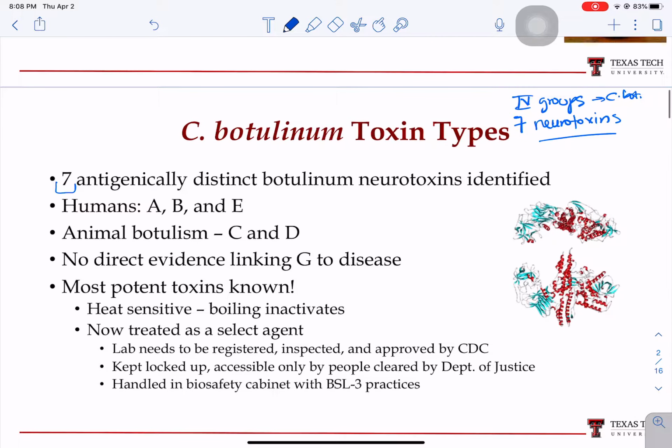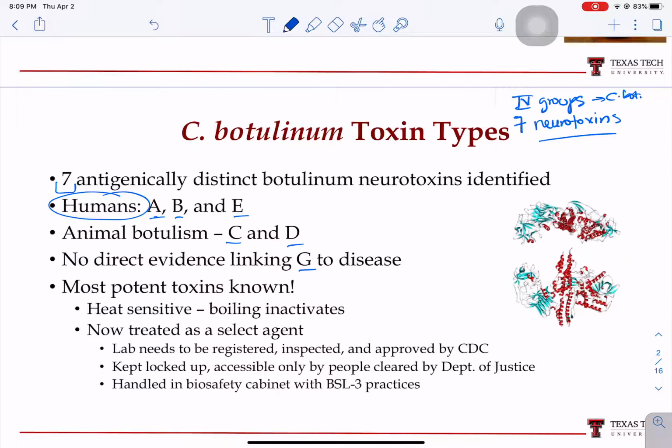Okay, so neurotoxins A, B, and E have been associated with humans mainly. C and D are usually connected to animal botulism, while for neurotoxin G there is no evidence, or it is not known what illness or which type of species it is associated with.